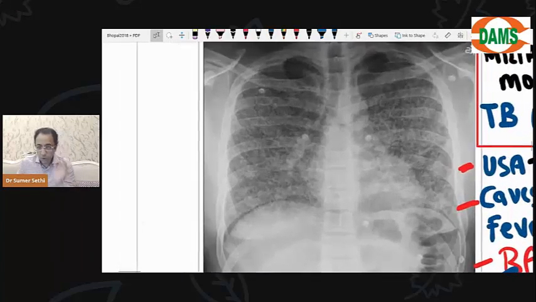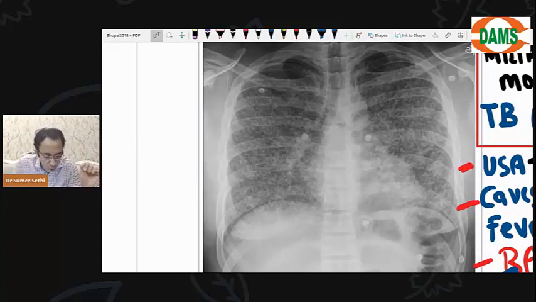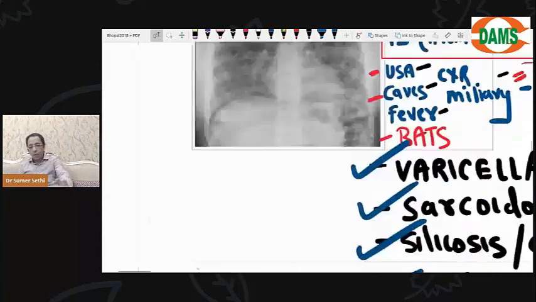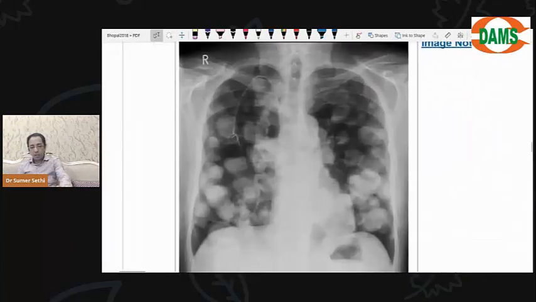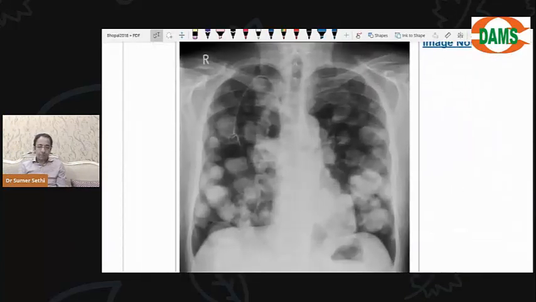So suppose I ask you, miliary appearance in TB is seen due to hematogenous spread. जब blood के अंदर बीमारी फैल गई तो we are able to see multiple nodules there. Now I want you to look at another X-ray and differentiate. Any one of you, can you pick it up?